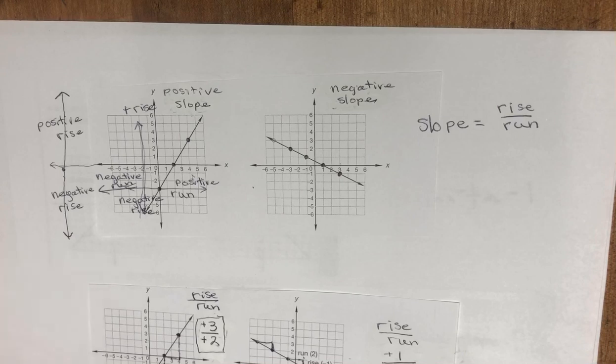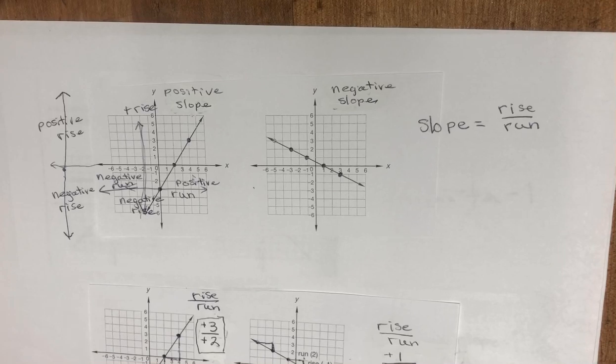Well, I have to reduce that, right? So it'd be 3 times 2 over 2 times 2. These would cancel. I have 3/2. My slope is exactly the same. As long as I follow the rules of counting over and up, and I follow the rules of fractions where you reduce, you're going to end up with exactly the same number.